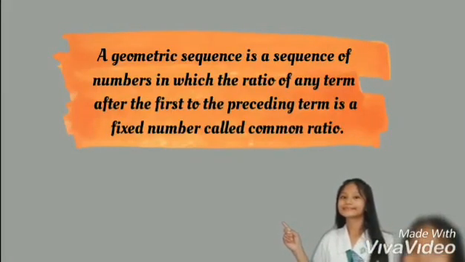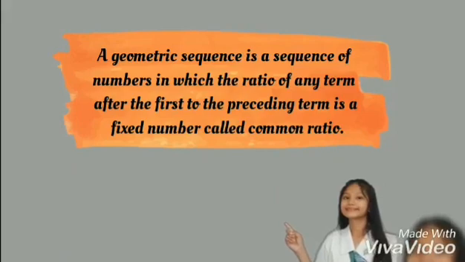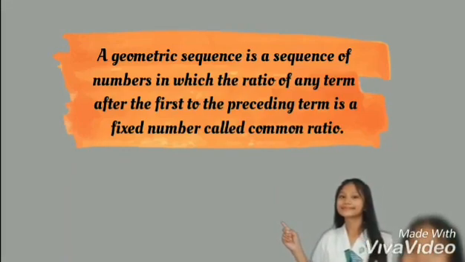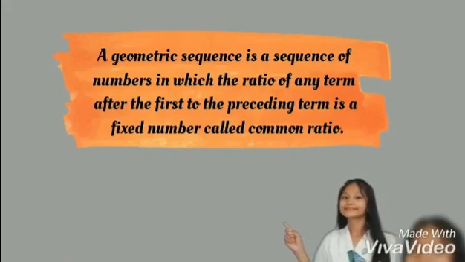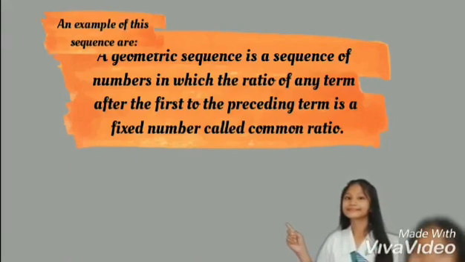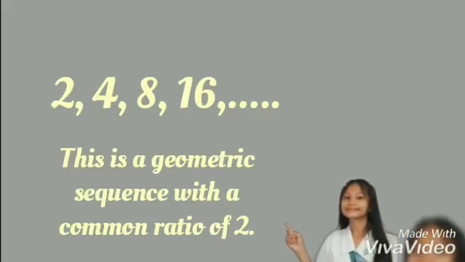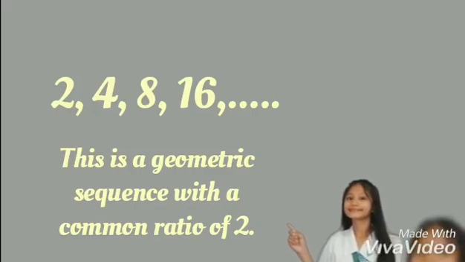A geometric sequence is a sequence of numbers in which the ratio of any term after the first term to the preceding term is a fixed number called the common ratio. 2, 4, 8, 16. This is a geometric sequence with a common ratio of 2.